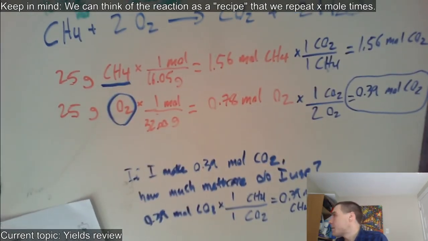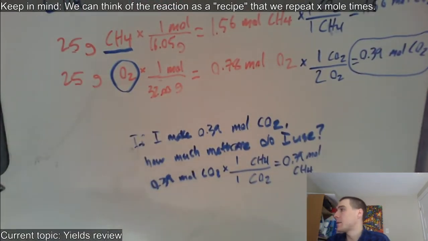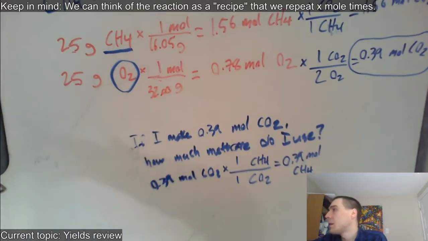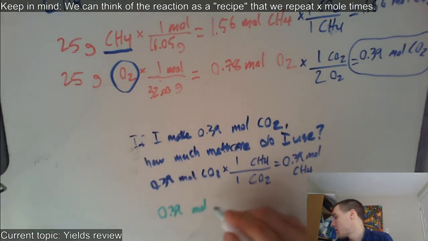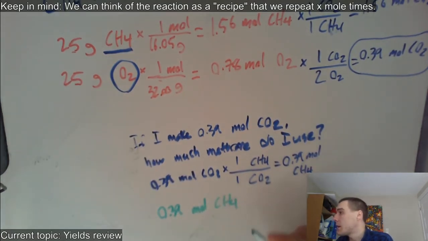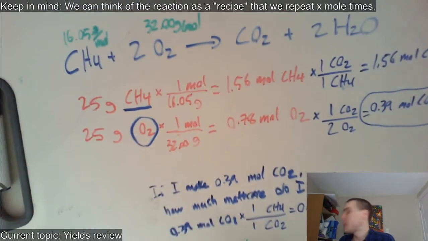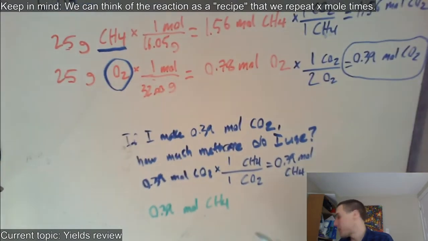And then I want to figure out how much that's going to weigh. So we take our 0.39 moles of methane, CH4. I want to figure out how much it weighs. We know that it's 16.05 grams per mole. We've got to figure out if we're multiplying or dividing. Well, we can use our conversion factor thing.